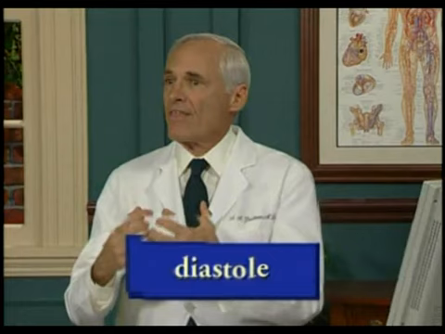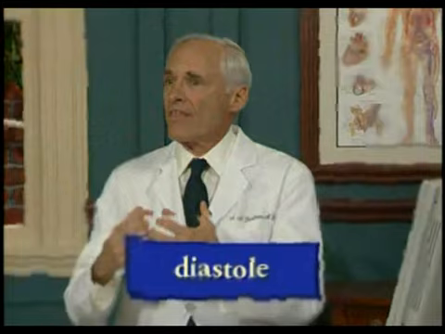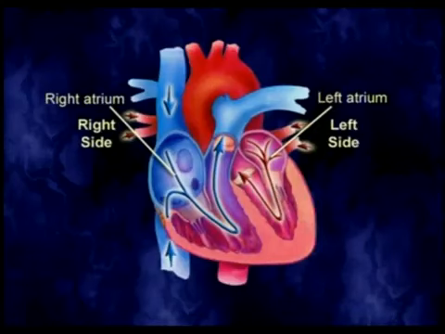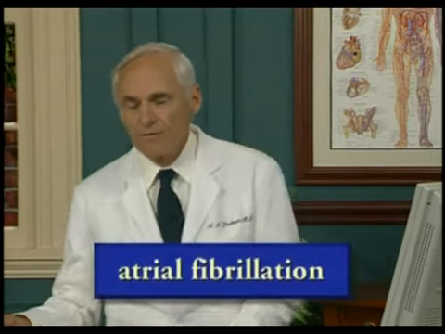So, for example, there is a disease called atrial fibrillation. Fibrillation means uncoordinated contractions of the muscle. Instead of the atrium giving a good, solid, coordinated pump, it may wiggle like a bag of worms and really not pump anything.